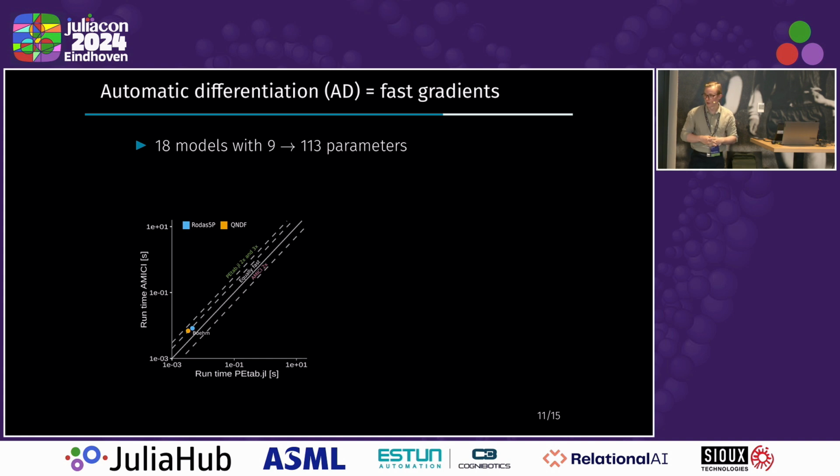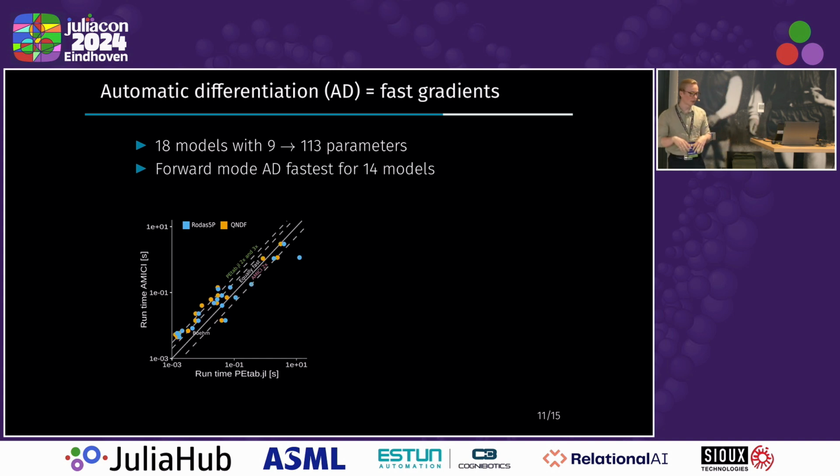Naturally, we looked at more than one model, and in general, we saw for 14 out of 90 models that we benchmarked, PEtab was often between 2 to 3 times as fast when it came to computing the gradient. So basically, this highlights that using ForwardDiff compared to the traditional forward sensitivity approach seems to be more computationally scalable.